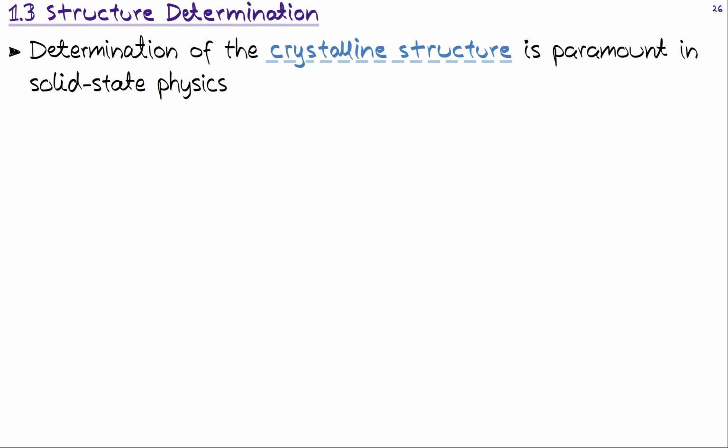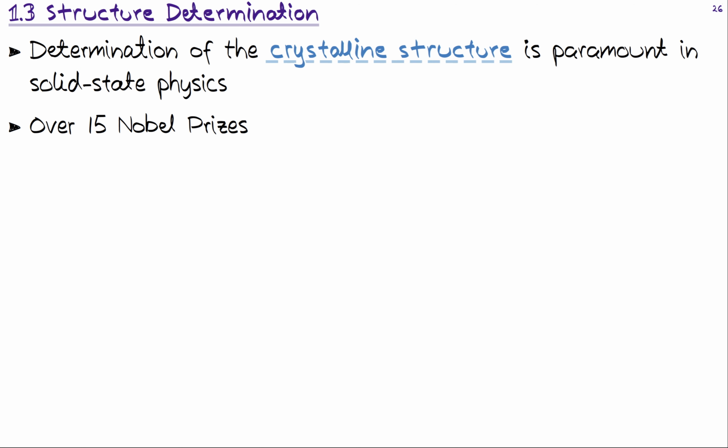In order to understand the properties of a solid piece of material, and we are now equating solid with a periodic structure, a periodic material, we really need to know its crystalline structure to appreciate its properties. If we want to calculate or understand something of the properties, we must know the crystalline structure. So this is the starting point.